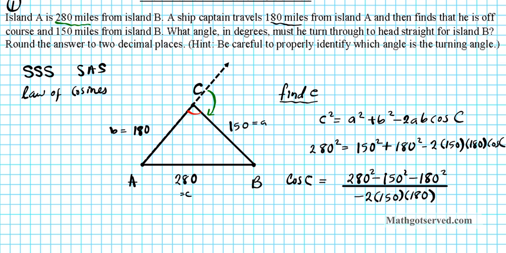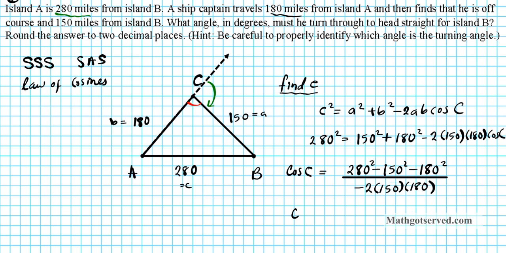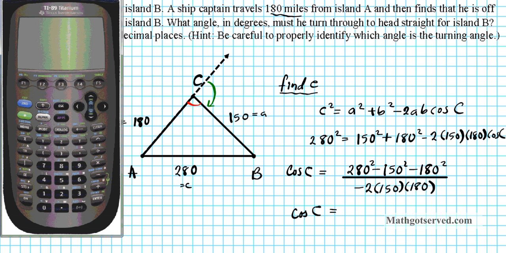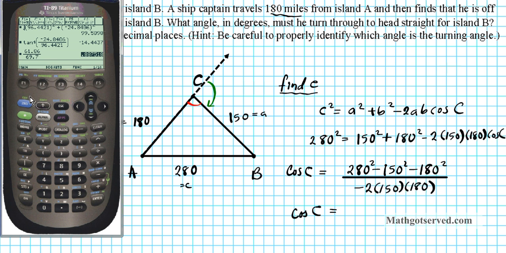Okay. So let's plug this into our calculator, and we'll take the inverse cosine to figure out what the value of angle C is. We'll have 280 squared. Be sure to group the numerator in parentheses since you have multiple terms being combined with each other there.